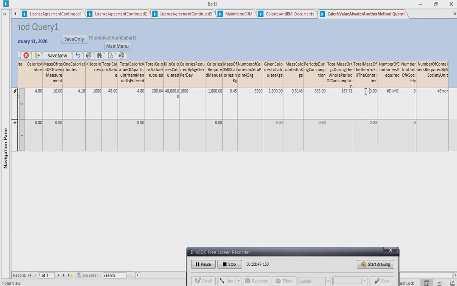Total mass of the item to fill the container. Let us assume that the container is a sack or a bag or anything which will be used for storage of this food item. Let us say it's a 50 kg bag of maize. Therefore, the number of containers required is 3.7.